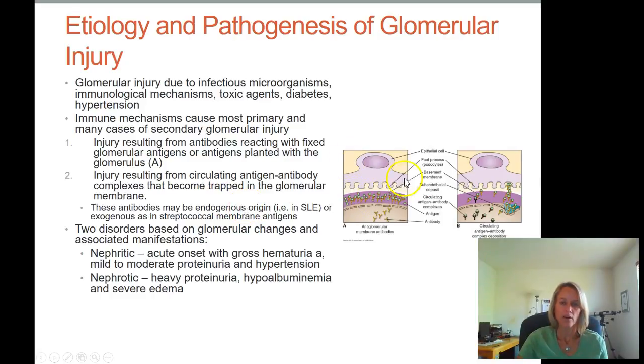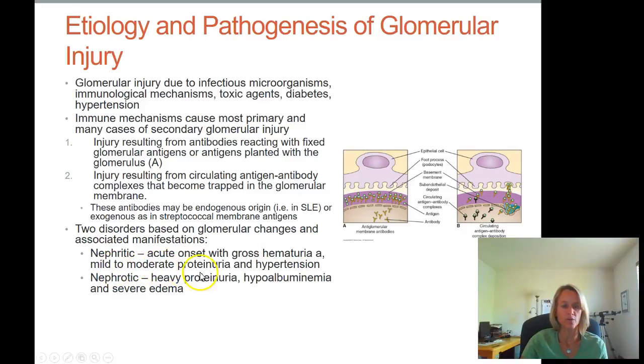Anyway, regardless of the cause, they can cause damage, and then that damage can lead to two disorders that are characterized based on the manifestations associated with the damage to the glomerulus. Nephritic syndromes are of acute onset, and there's gross hematuria, and this is a lot of blood in the urine.